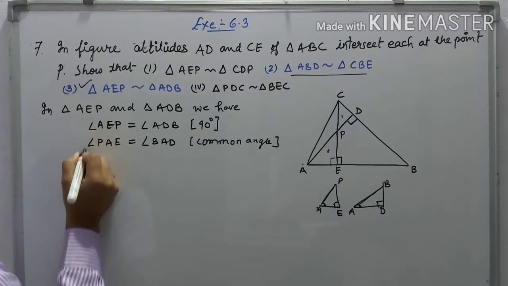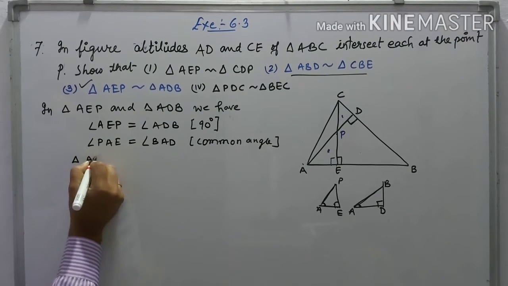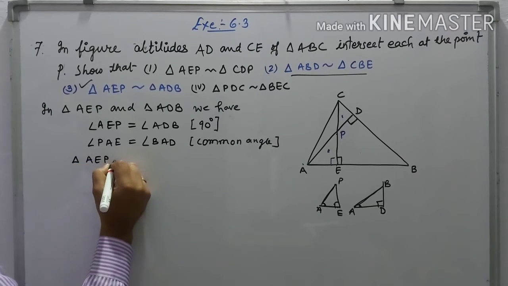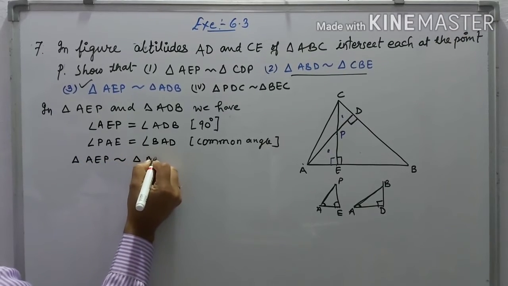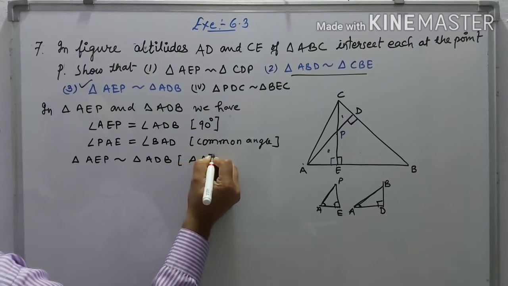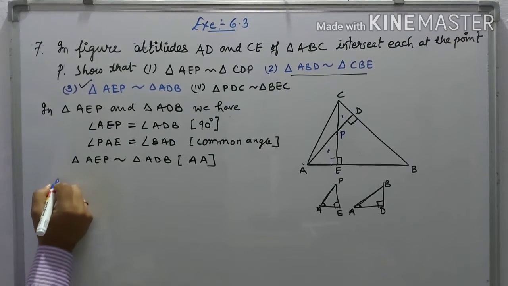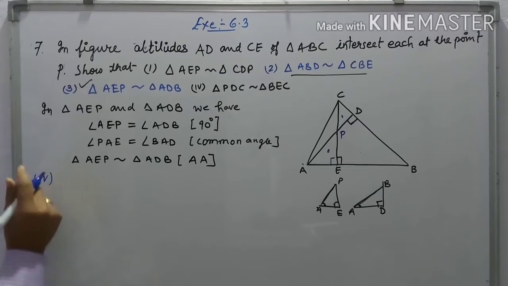Okay, now both angles are confirmed. Now write triangle AEP is similar to triangle ADB. Why? By angle-angle similarity. Okay, this is the third.